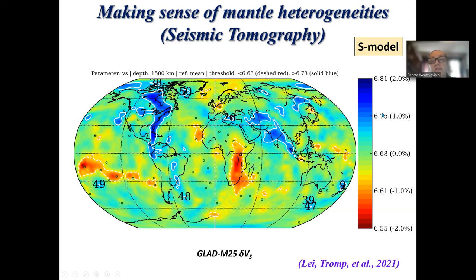It's how velocity varies with the angle, and you see shear velocities can vary by plus or minus 2%. Slow regions, the red regions, are usually hot, and this is material that is rising. Cold regions, the blue, are faster, the material is stiffer, and these are regions that are sinking.